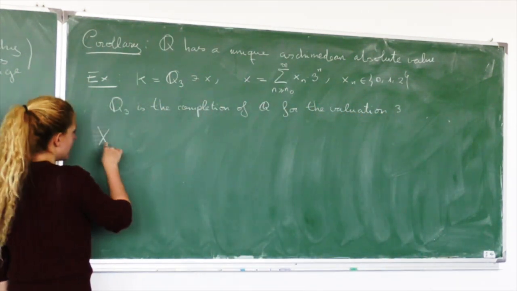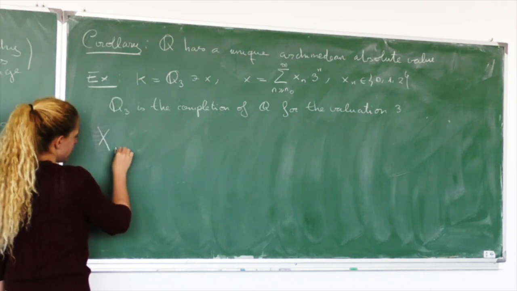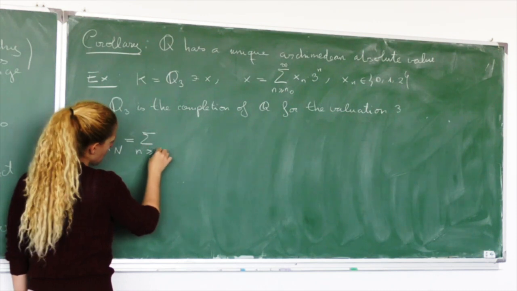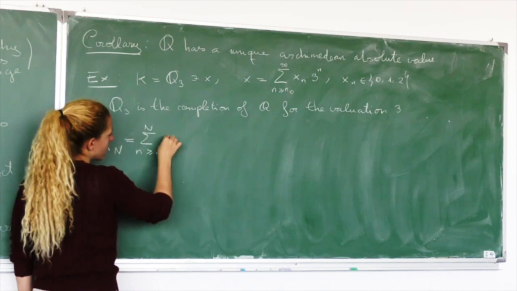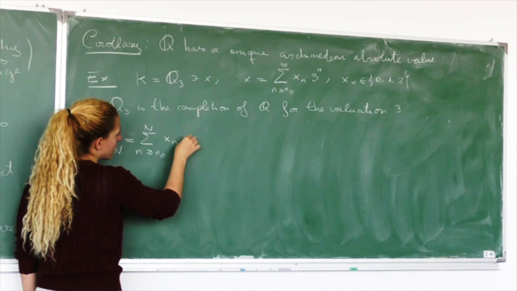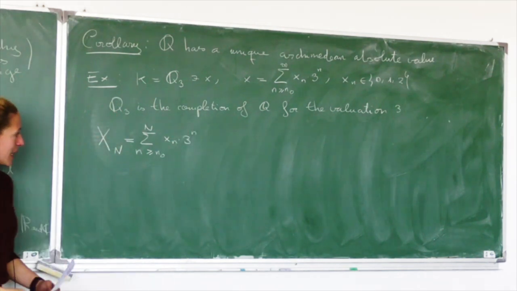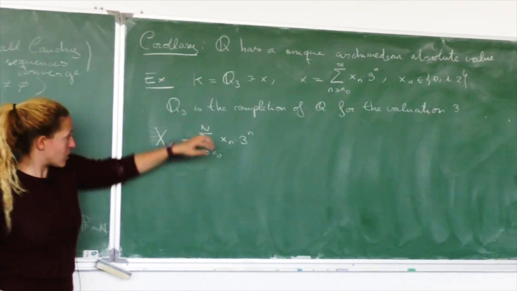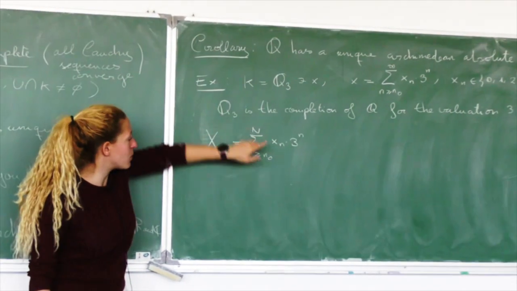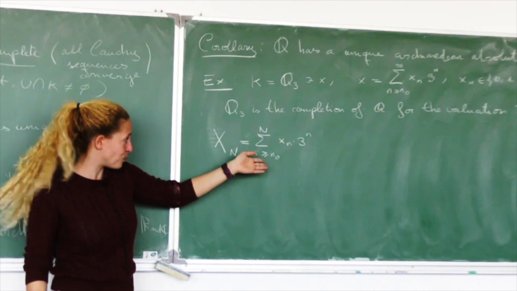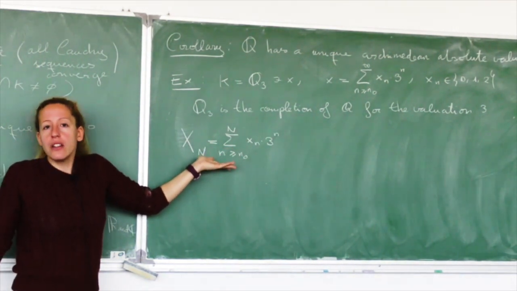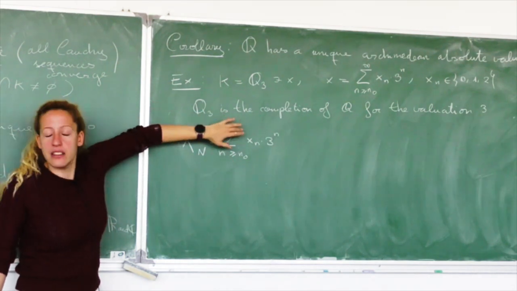I can define a capital X equal to this. If I write it like this, this is a finite sum, so it is a rational number, because n0 may be negative.